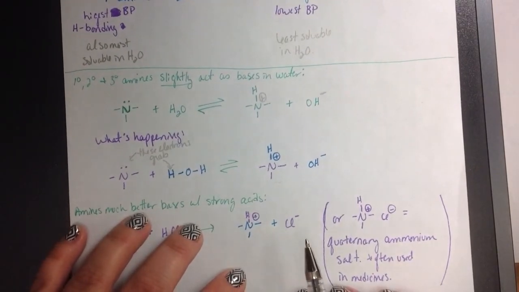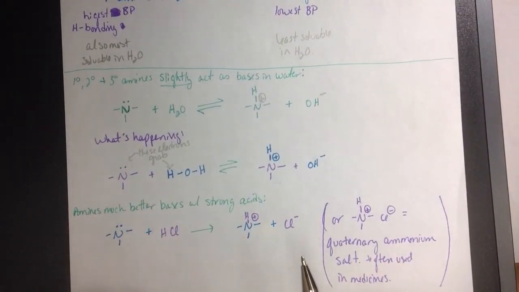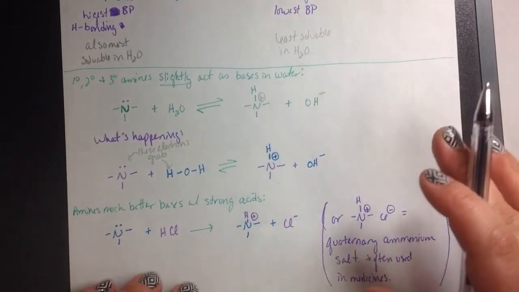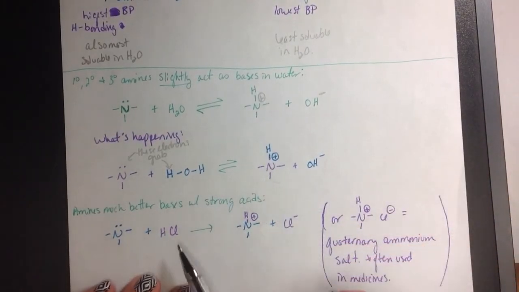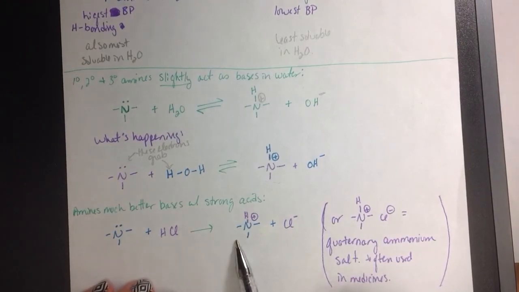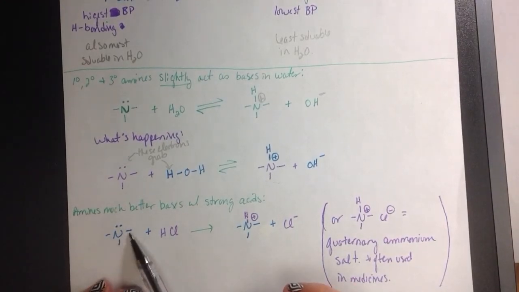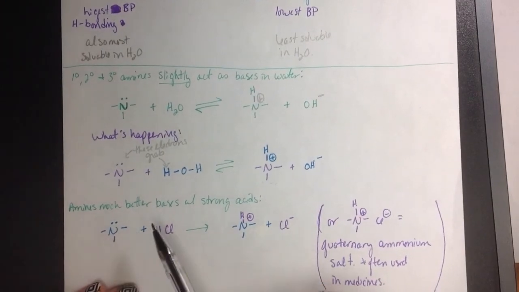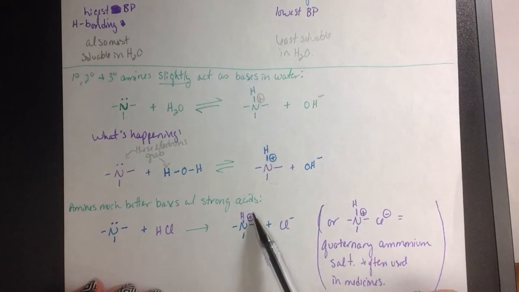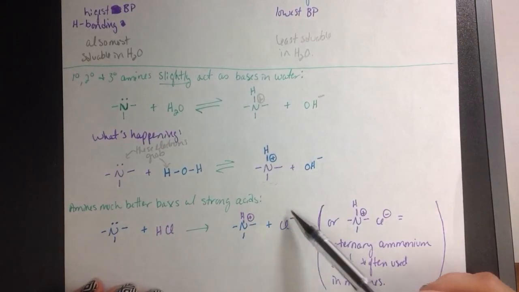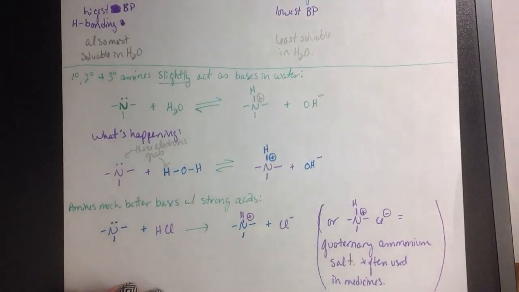It's often that we see those used in medicines. And the easier way to do that is not in water, but in a strong acid. Because see how this is a direct reaction here? If I have an amine and I react it with a strong acid such as this, I end up with a positive charge here and a Cl minus right there. Okay, thank you very much.